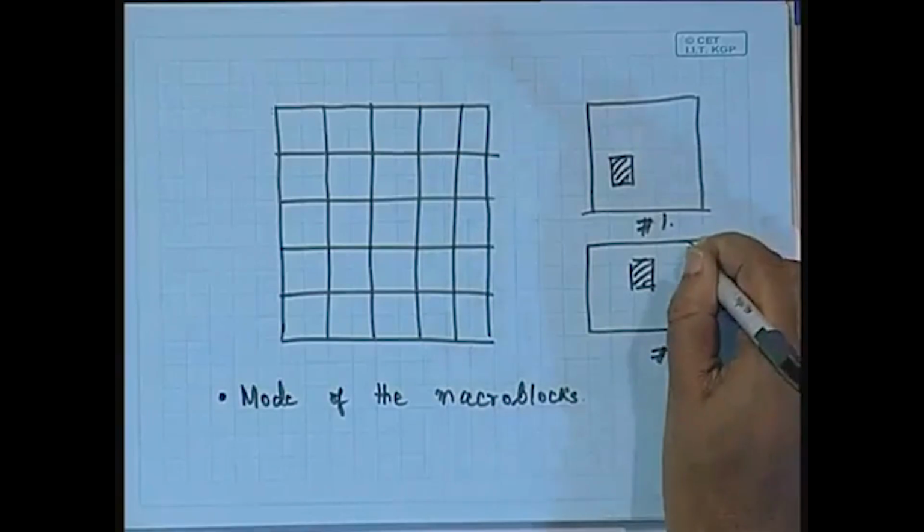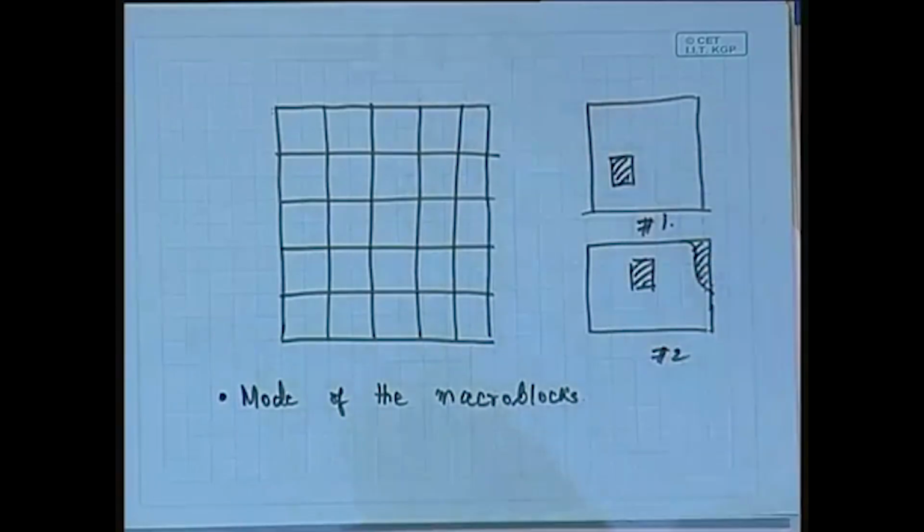But for the region where you have some new information, how can you obtain correspondence? You will try to obtain a minimum sum of absolute difference and find a motion vector, but that motion vector is definitely going to be erroneous.